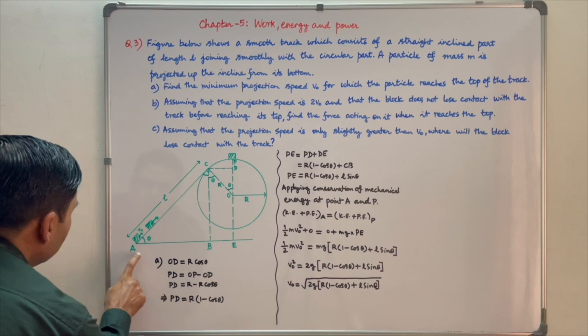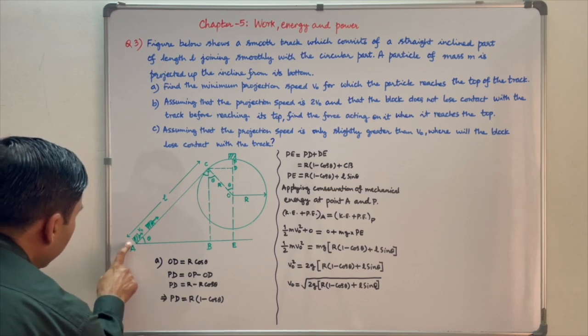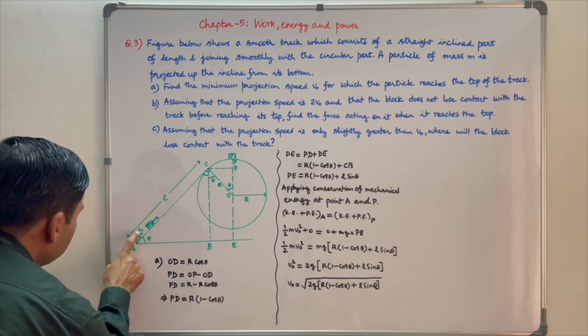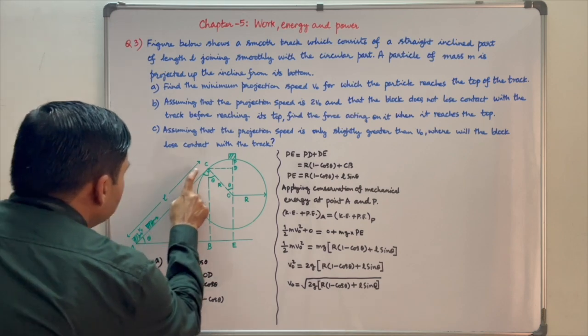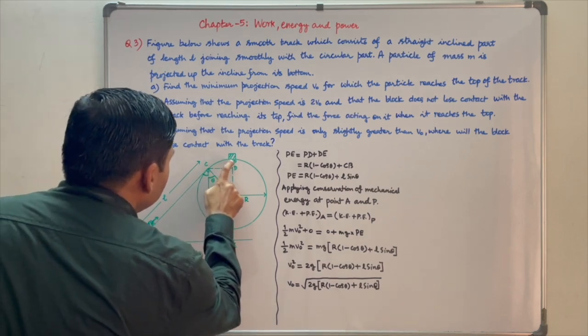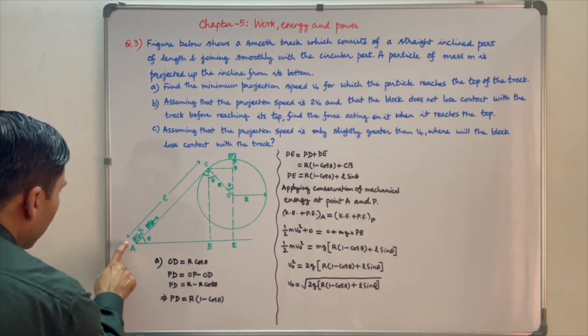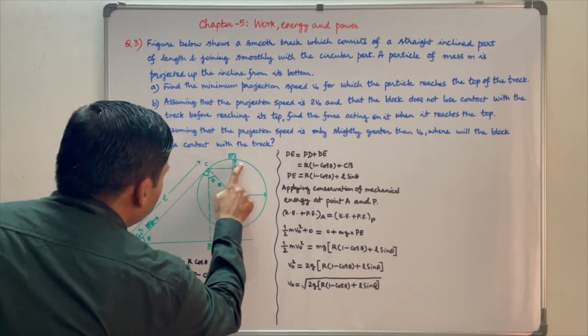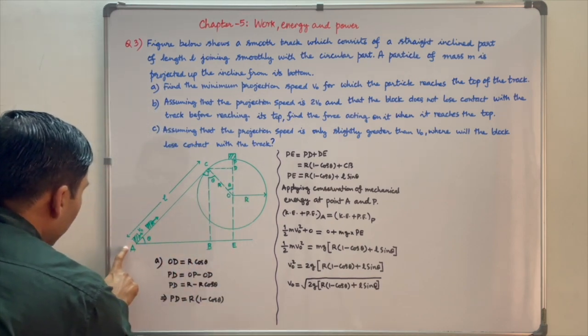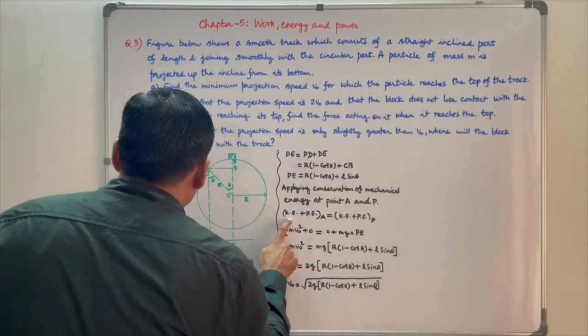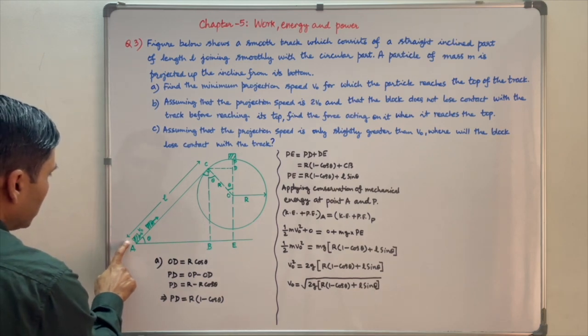Part A. Suppose the particle starts from point A with projection speed V0. It just reaches the top of the circle and stops there. We can apply conservation of mechanical energy at point A and at point P. At point A, kinetic energy of the particle is half m v0 square.